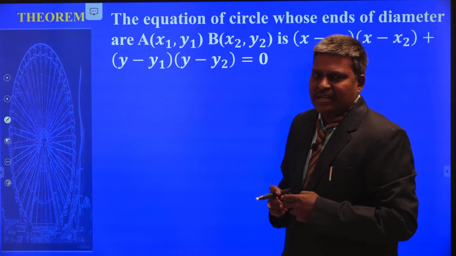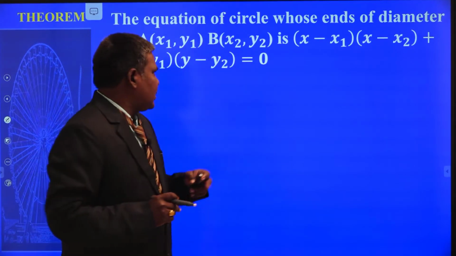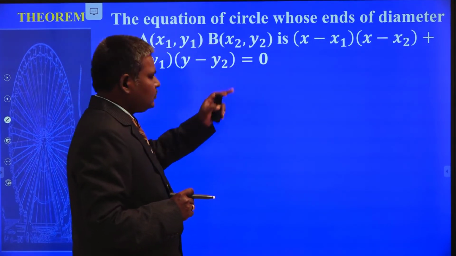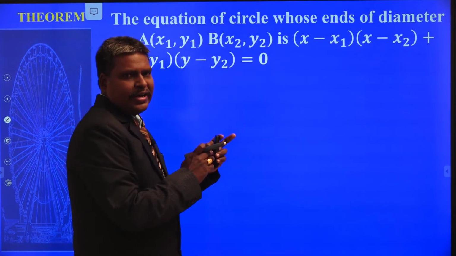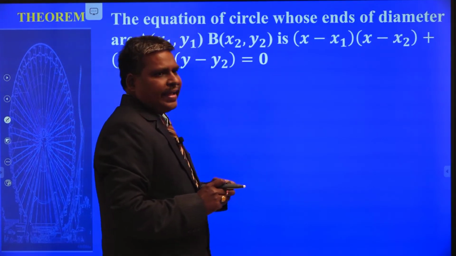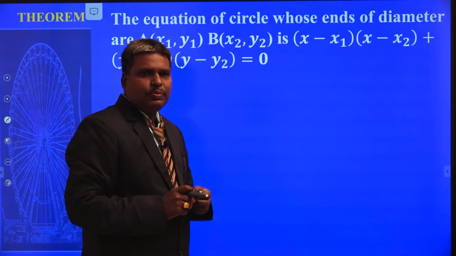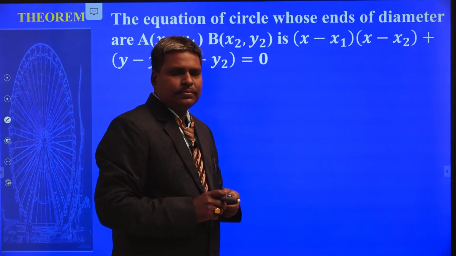The ends of a diameter of a circle are given: one is (x1, y1), the other one is (x2, y2). Once you know the ends of the diameter, you can write the equation of the circle by this formula.